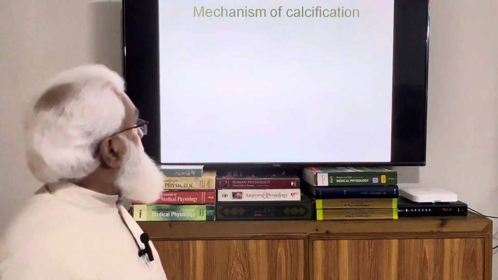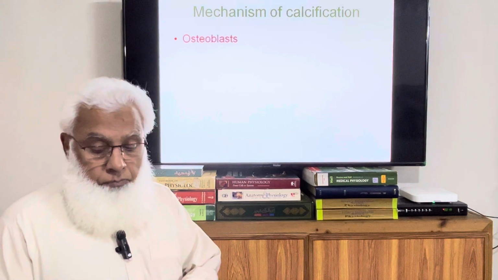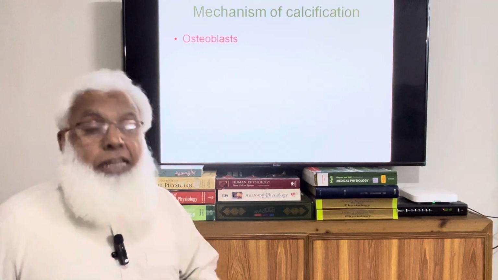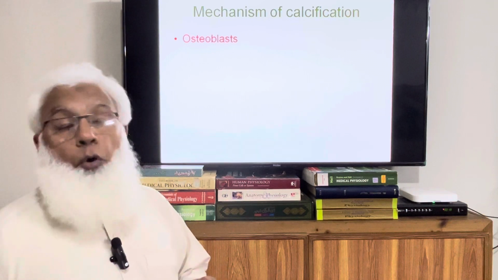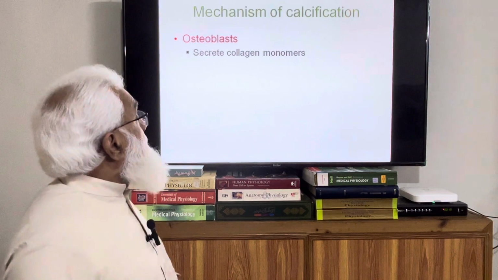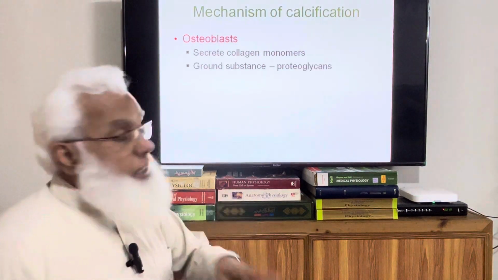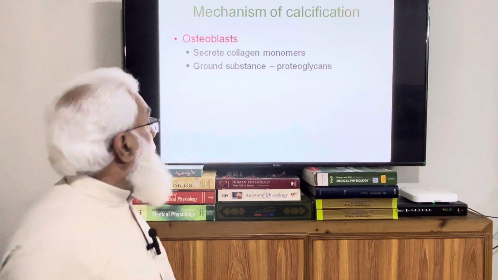Mechanism of calcification: there are cells in the bones which we call bone forming cells. They are the osteoblasts. They secrete collagen monomers initially, and the ground substance proteoglycans is also produced by them.